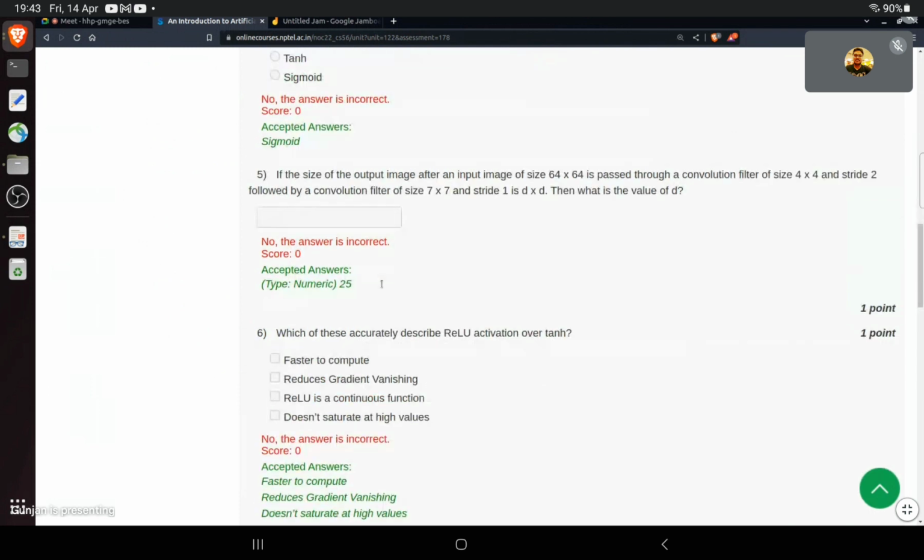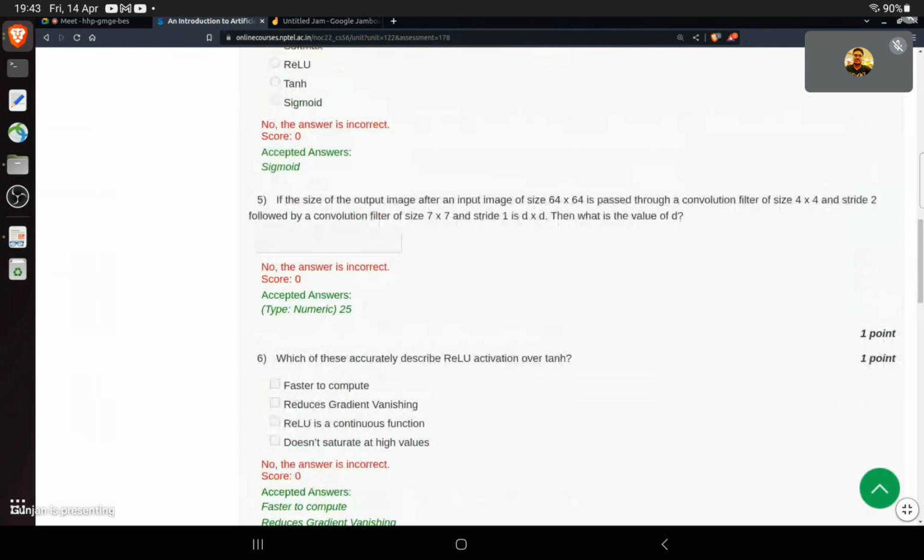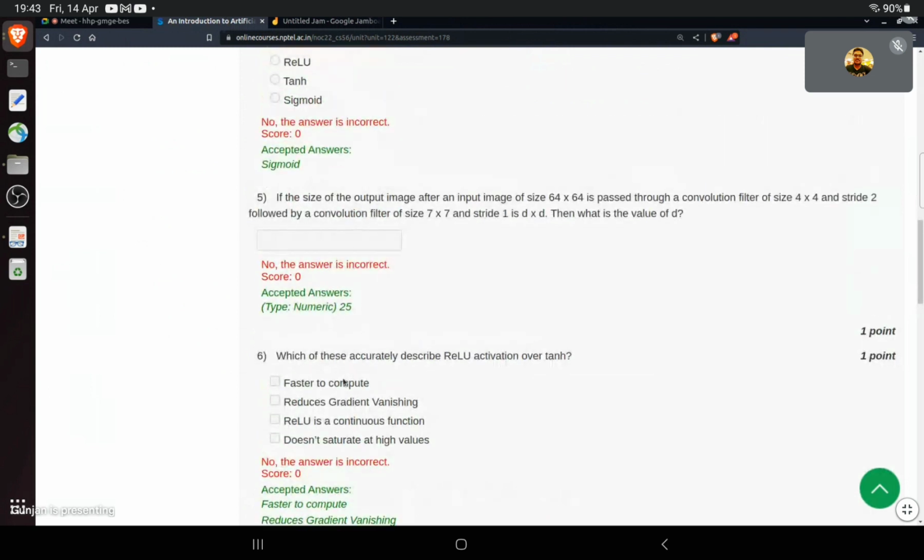Now, which of these accurately describes ReLU activation over tanh? It is obviously faster to compute. And tanh is prone to gradients going to zero, so using ReLU circumvents that problem and reduces vanishing gradients.